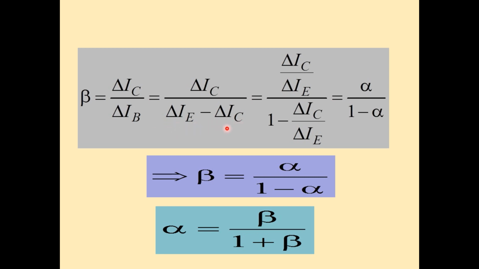So for delta IB we can write delta IE minus delta IC. From the algebraic expression IE equal to IB plus IC, we can write down the formula for delta IB as delta IE minus delta IC.